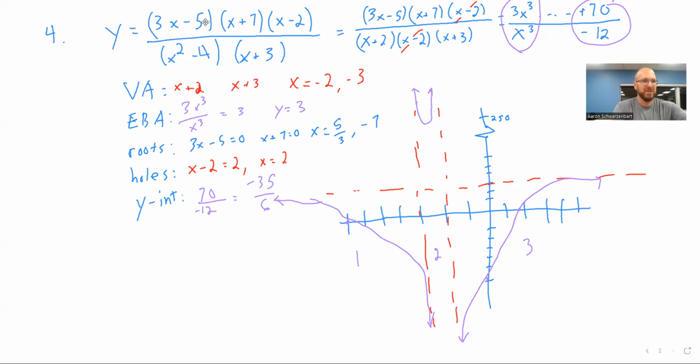Okay, we're going to go to the book now and take a look at example 2. Example 2 is talking about transforming this function and using translations. So instead of y, we'll say f of x.